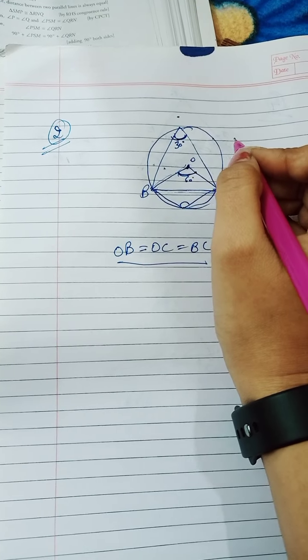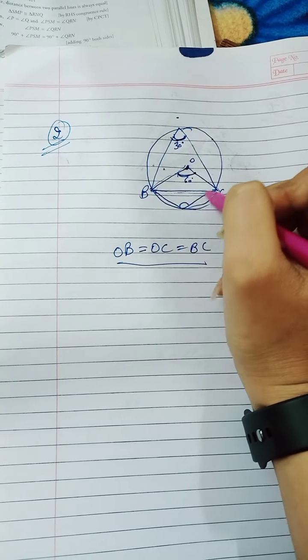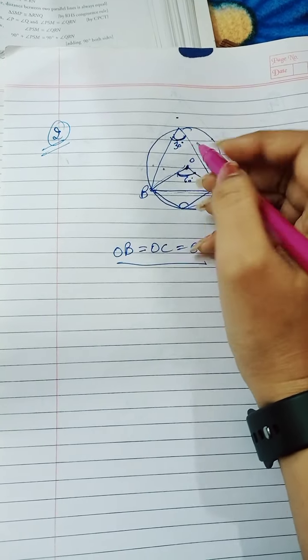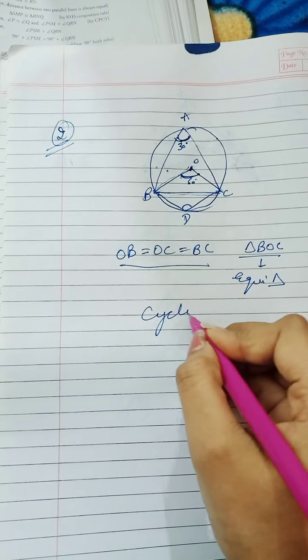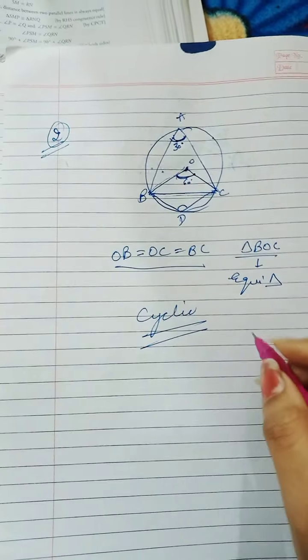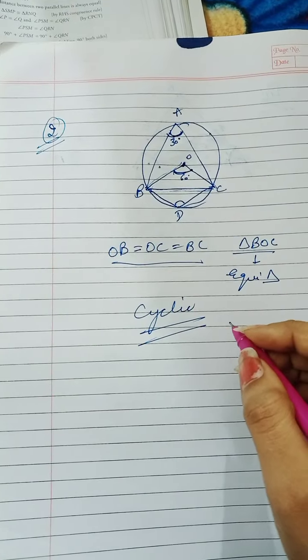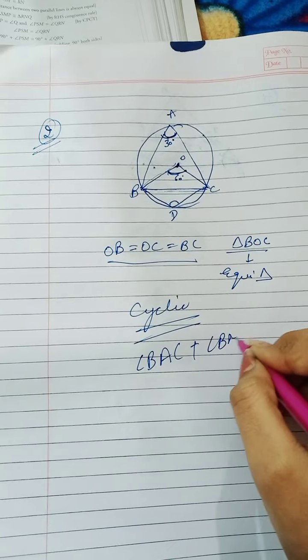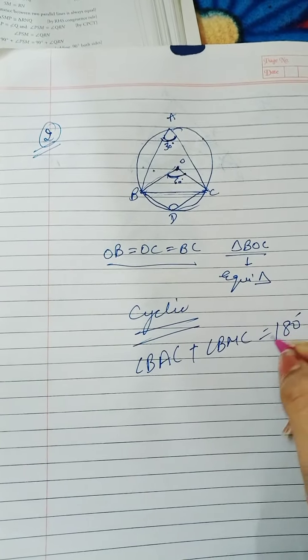Now, if this is a cyclic quadrilateral, you can say that ABCD is a cyclic quadrilateral. In a cyclic quadrilateral, you know very well that the sum of any pair of opposite angles is 180 degrees. You have to write, so BAC plus BMC would be 180 degrees, right?